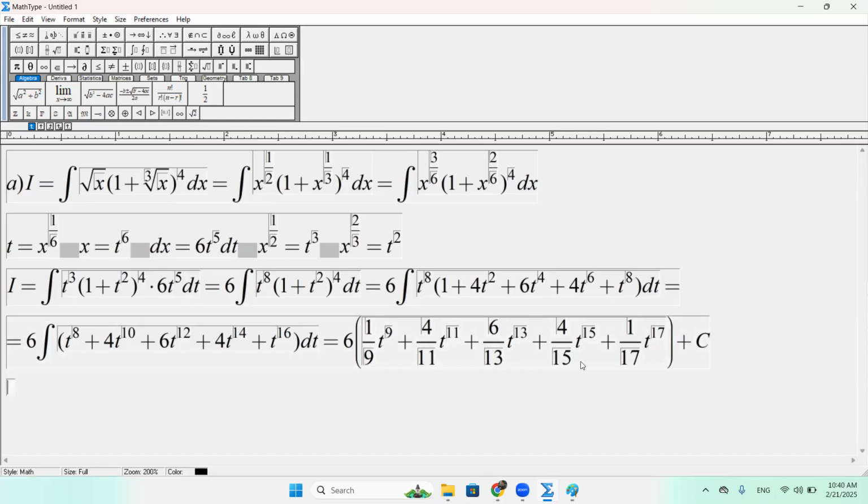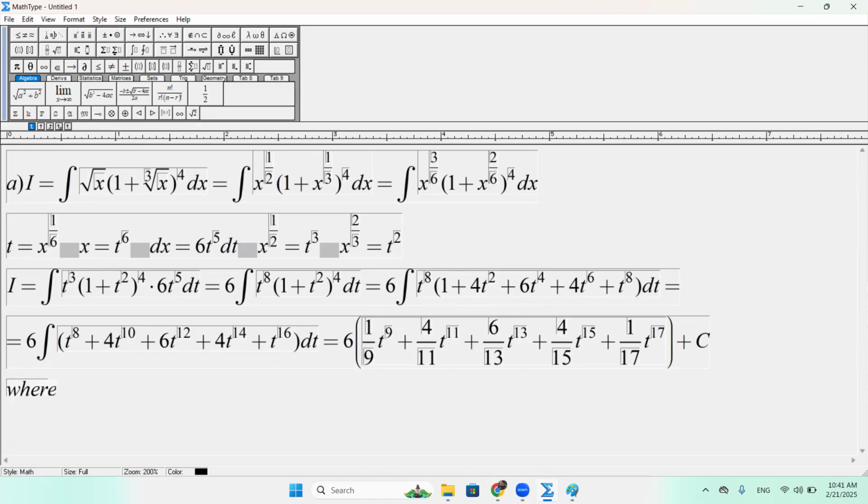But this is not the final answer. We were calculating an integral for a function that depends on x, but here the integral function depends on t. So there are two ways. We return to the old variable x using such formulas, or I suggest another variant: you don't need to return to x for such an expression, for fractions, because you can make a lot of mistakes.